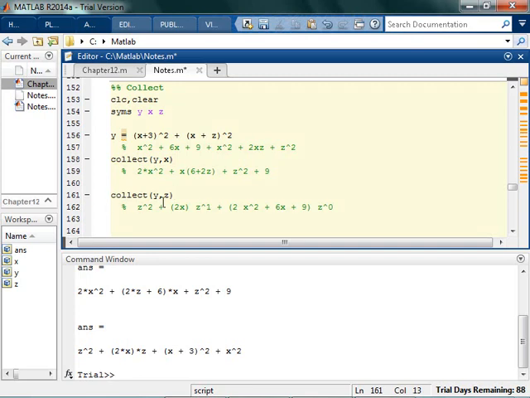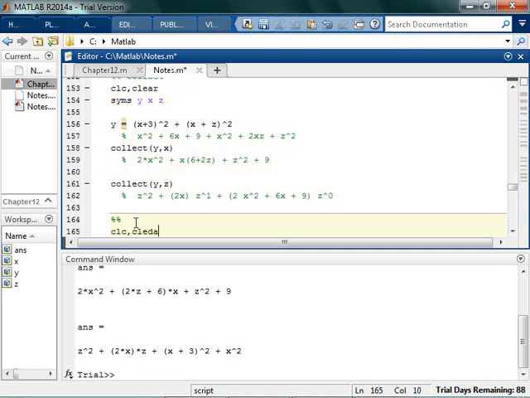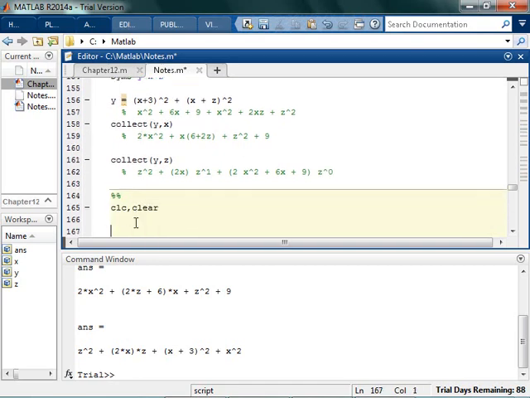All right, collect. Not entirely sure what collect is going to do on an equation, so let's discover. clc, clear. syms. I'm never going to spell that right. All right, so say I've got my equation is equal to that, the double equals.